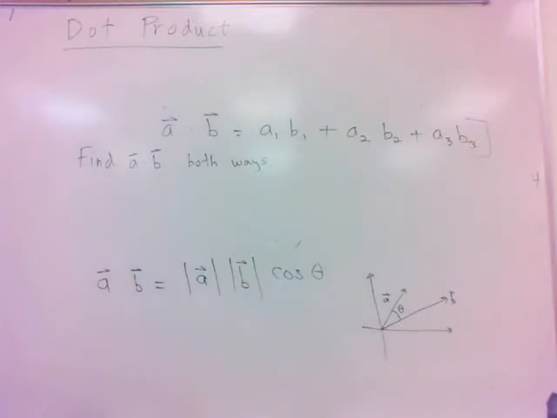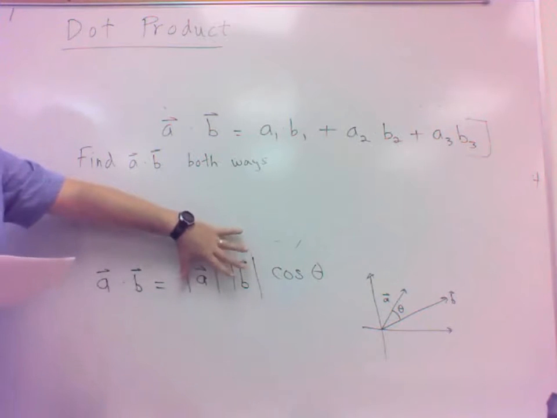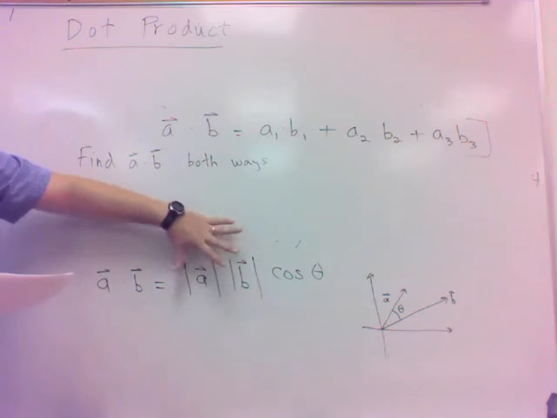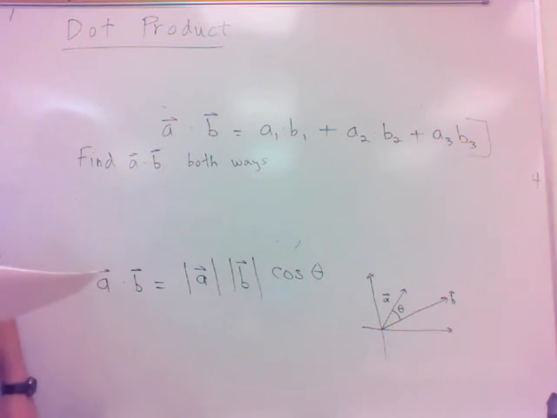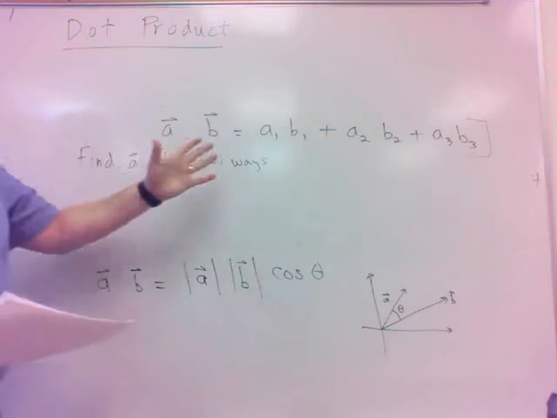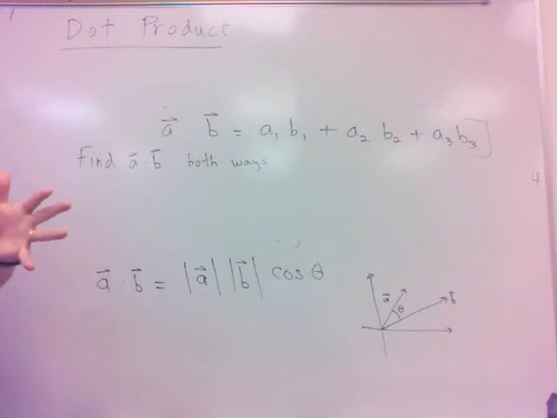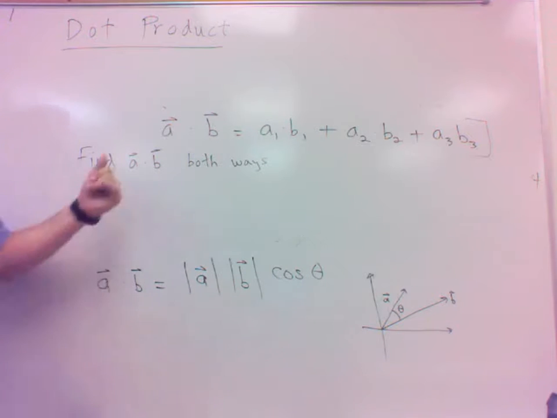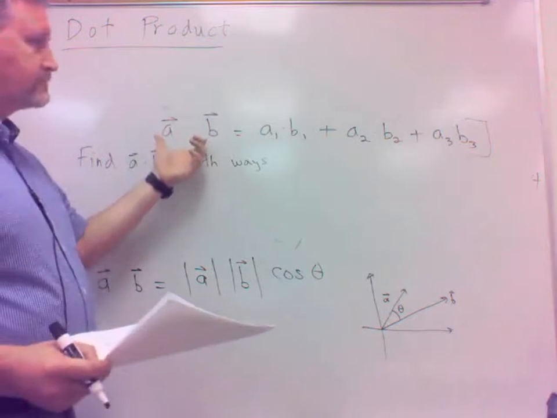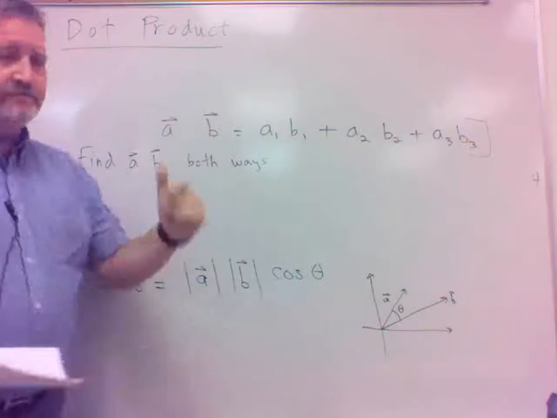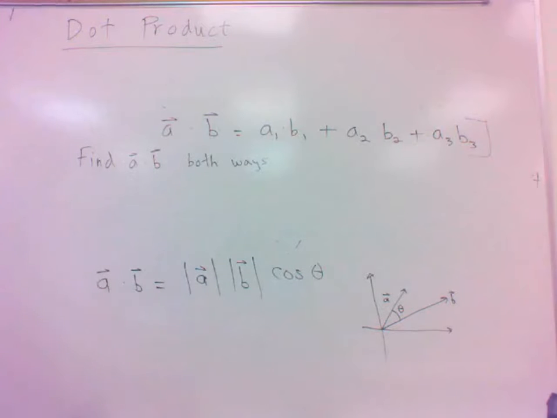This actually comes out of the law of cosines. If you use the law of cosines and properties of the dot product, which I didn't mention, are very similar to regular products, and those are mentioned there in the section, you can find those.